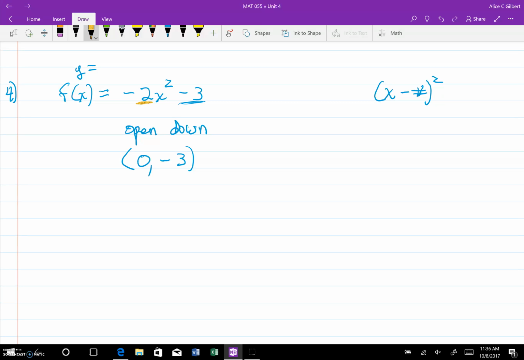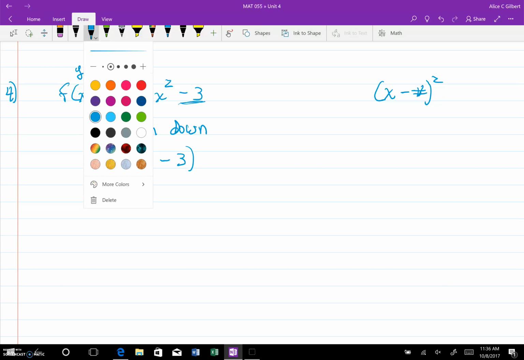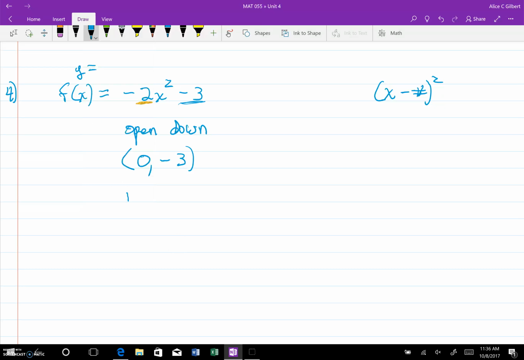We already did stuff with the negative. Now we don't need to think about that ever again for right now. So that means that this is going to be narrower or stretch by a factor of 2.